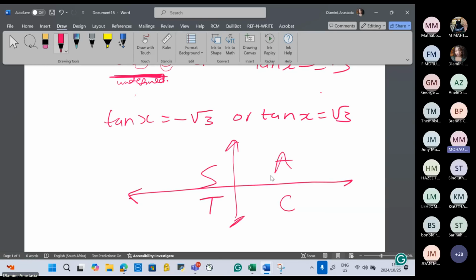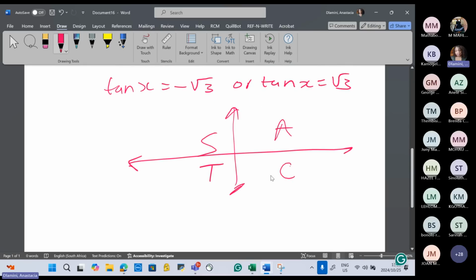Oh, sorry, we must write it in radians, which is pi over 3. Sorry, ma'am, pi over 3. So which is pi over 3?